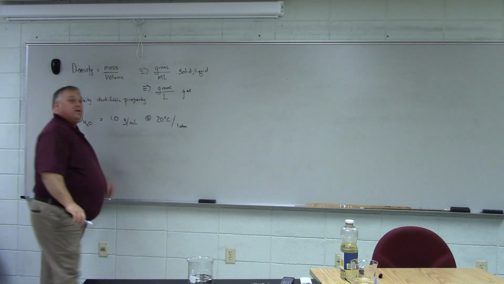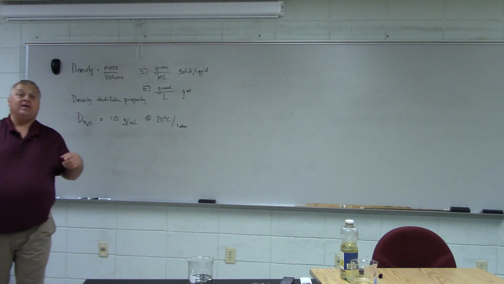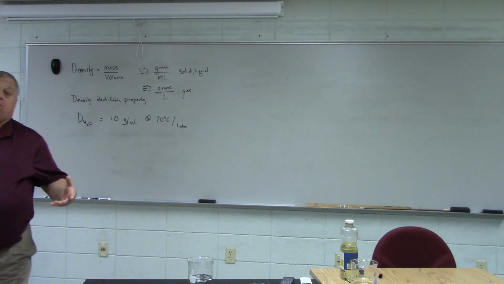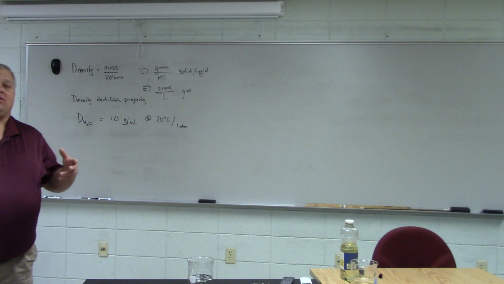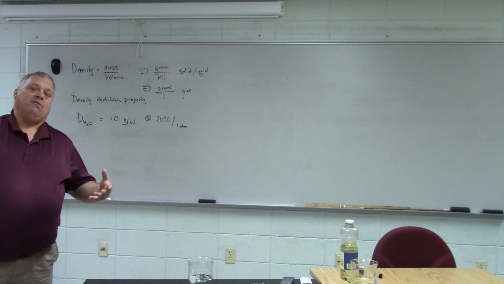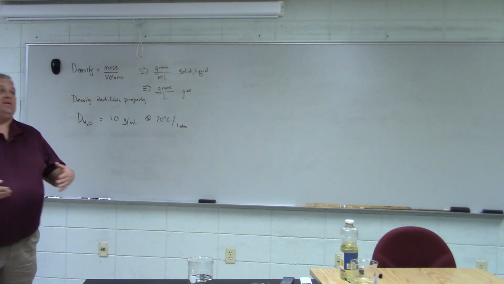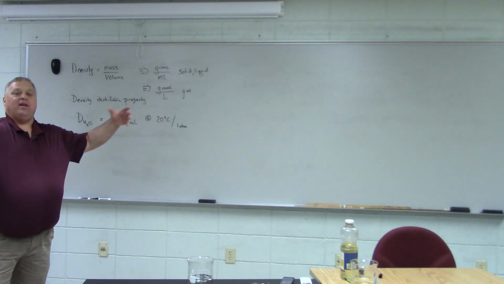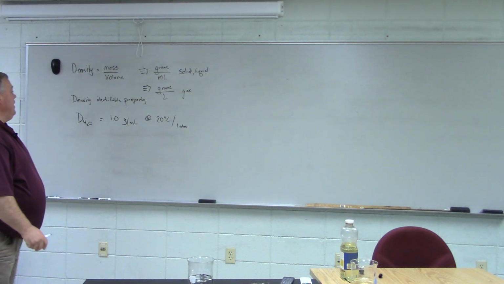Why the difference? Because a gas is very, very dispersed particles, and they have a very, very small mass for the number of particles that we have. So we tend to look at it in terms of a larger volume.